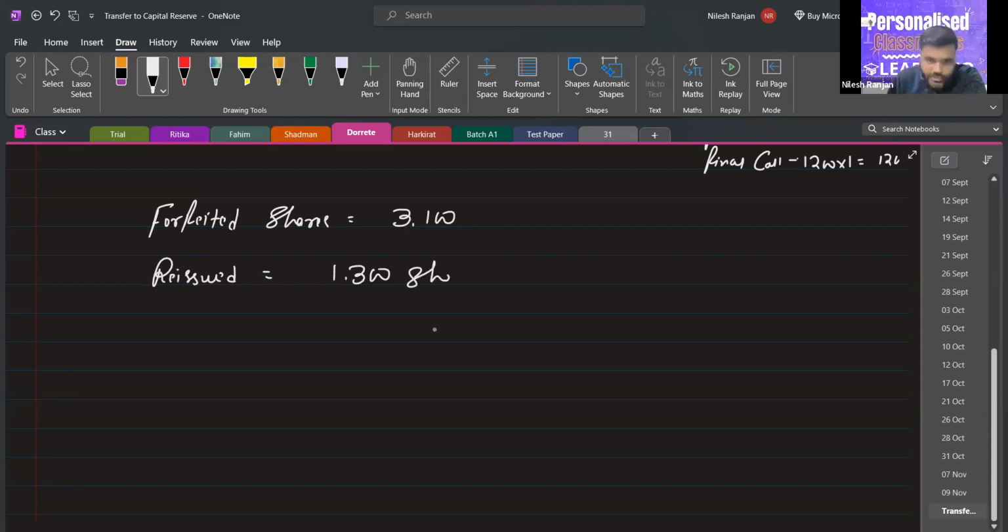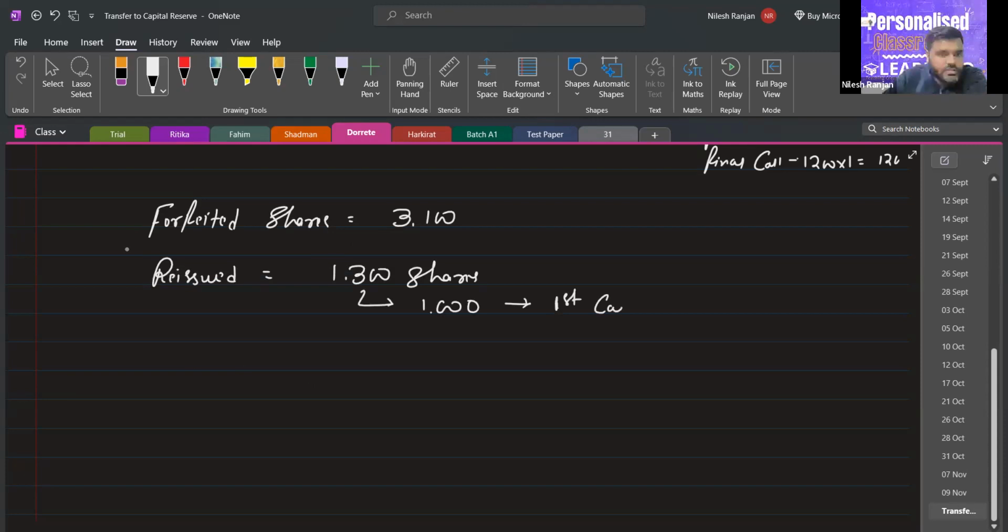So if all the shares of this shareholder are reissued, then his forfeited amount is how much? He has already paid application money of 5,000. So, transfer to capital reserve.